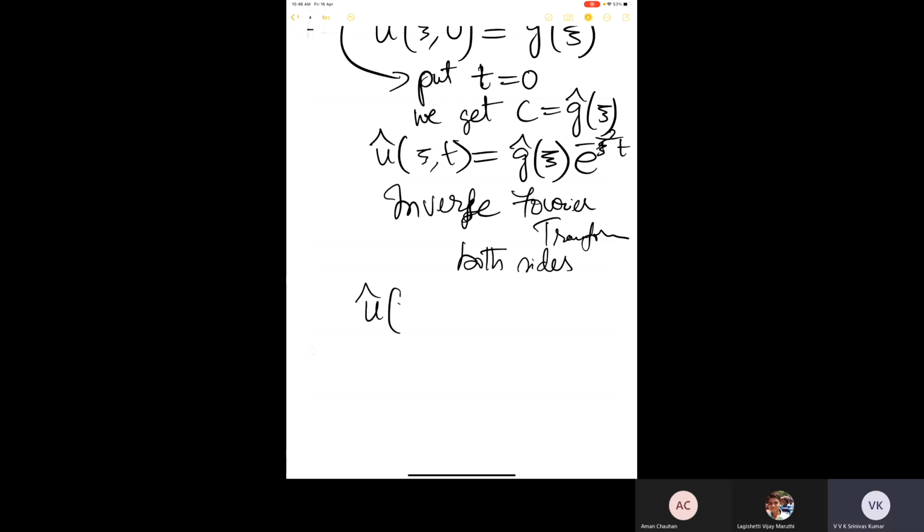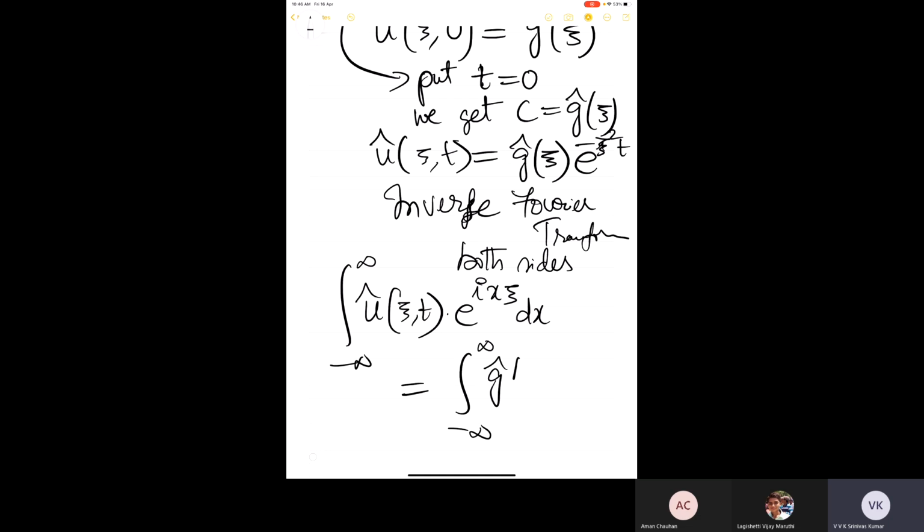The inverse Fourier transform is multiplying by exponential I x xi and integrating from minus infinity to infinity, which gives the integral of g cap xi, exponential minus xi square t, exponential I x xi, d xi.